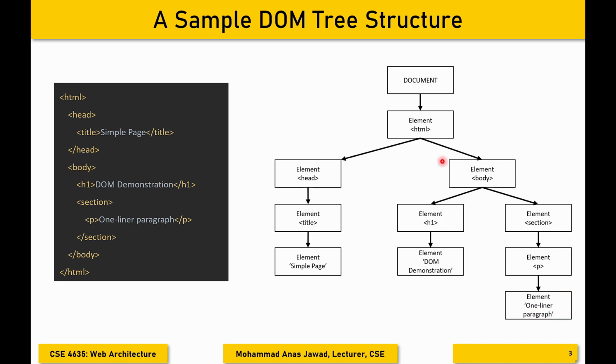So essentially, after this entire tree has been generated by the browser, we can use the different methods that we spoke of earlier that are present inside DOM to manipulate these nodes. Now, since even the content of these elements, for example, this one-liner paragraph text or this DOM demonstration text, are also part of the DOM tree, we have the power to manipulate these texts as well.